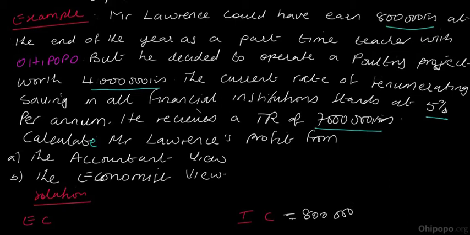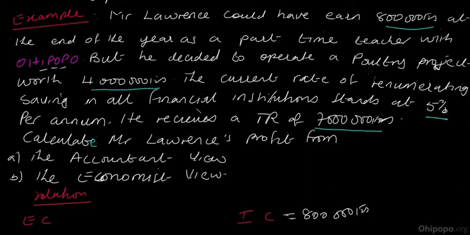If Mr. Lawrence could have worked as a part-time teacher with Ohipopo, he would have earned 800,000 francs. But listen, could have earned means that he is not working. That means maybe he abandoned or rejected their offer, but he decided to operate a poultry project.